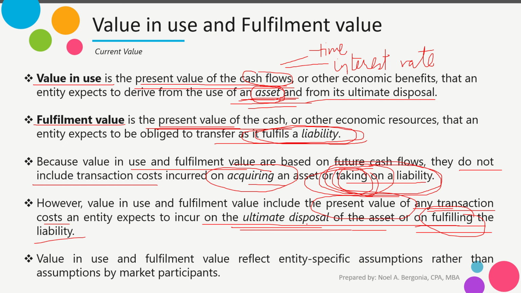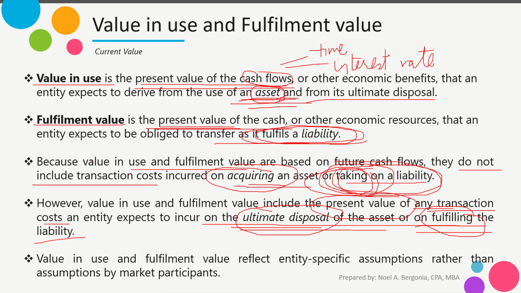Ulitin natin ha. Yung value in use muna, which is referring to the present value of the cash flow of an asset, will not include the transaction costs on acquiring that asset. Okay? Pero it will include the transaction costs expected for the ultimate disposal. Kasi futuristic yon. It includes the future cash flow.